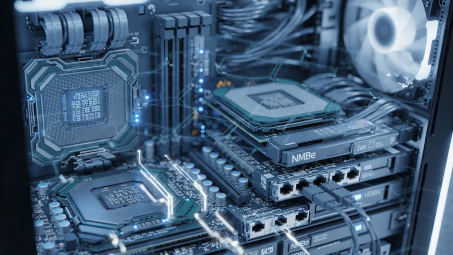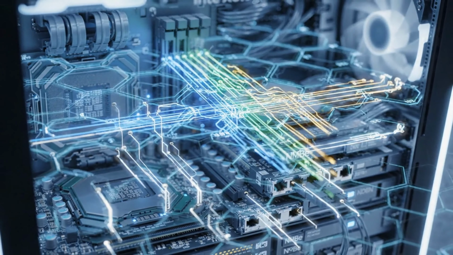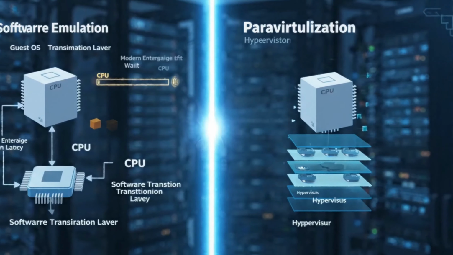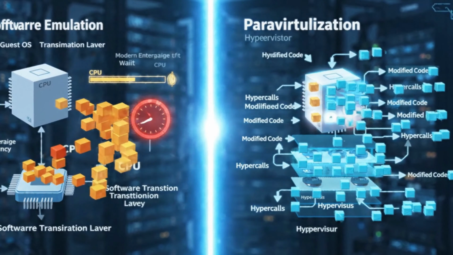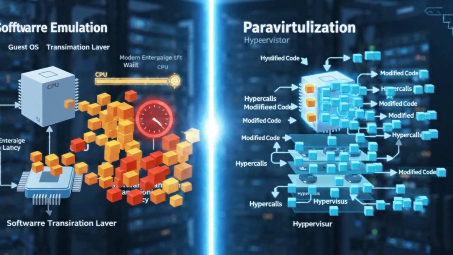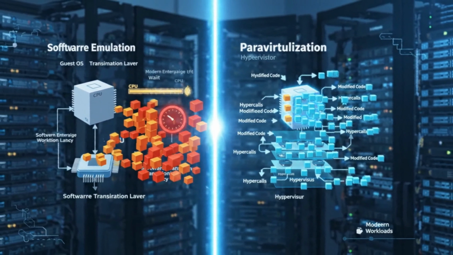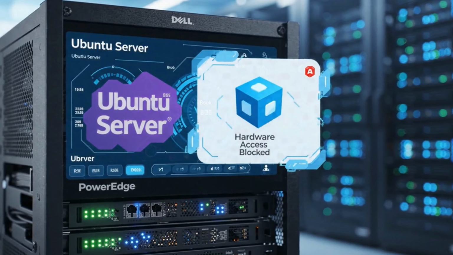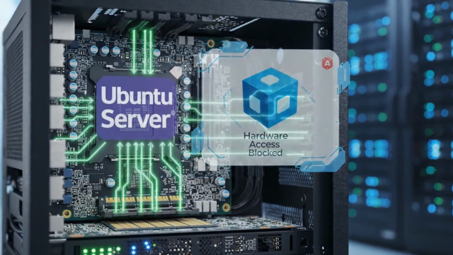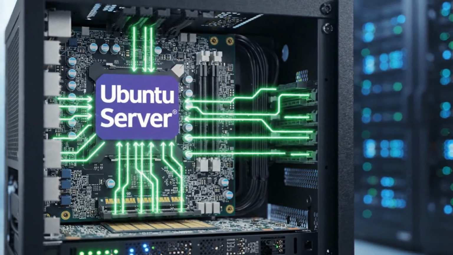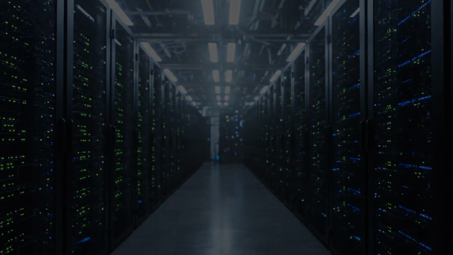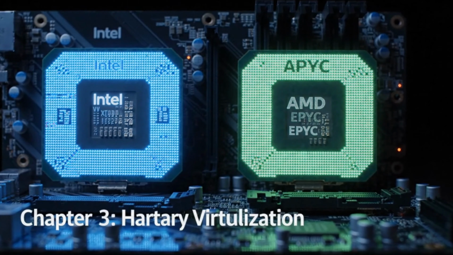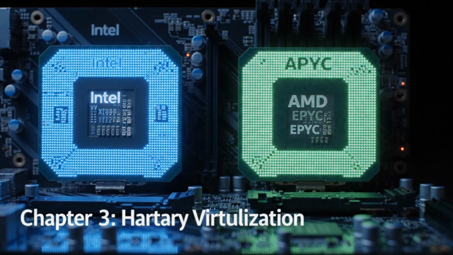Earlier virtualization platforms often relied on software emulation or modified guest operating systems, which introduced additional complexity and performance overhead. The industry required a virtualization technology that could leverage hardware-assisted virtualization features already being introduced by Intel and AMD processors. KVM was developed to bridge this gap by integrating virtualization directly into the Linux kernel instead of building a completely separate operating system. This architectural decision changed the future of enterprise virtualization.